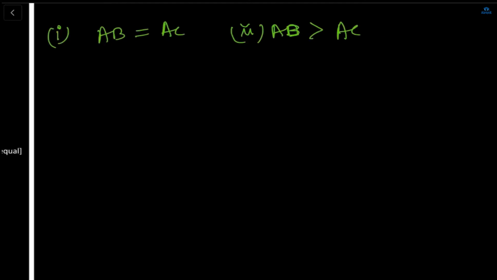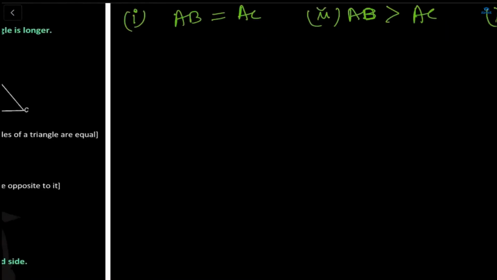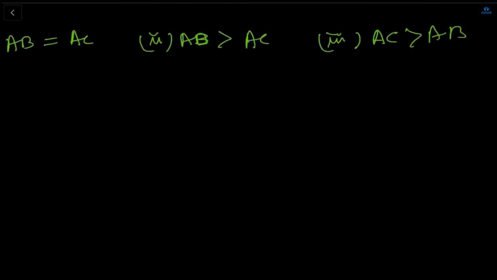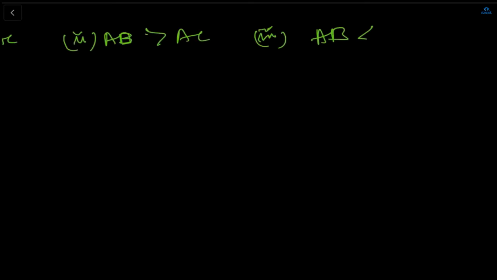And the third case: AB is less than AC. One will be equal and the other two will be unequal, so in the unequal case you can have two possibilities, either the side will be less than or it will be greater than.